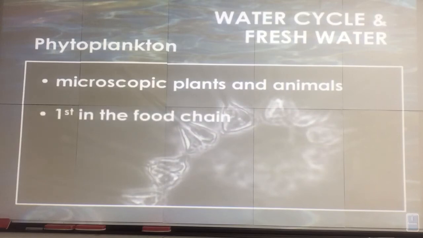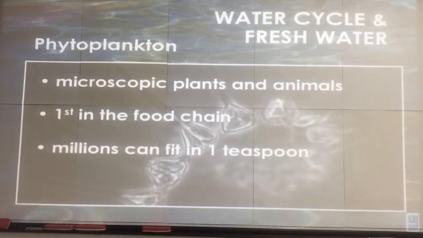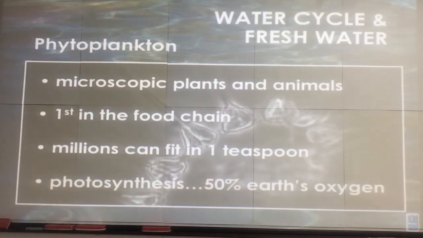They're the first in the food chain in the ocean. And they're so tiny that millions can fit into one teaspoon of ocean water. Now, this is extremely important, especially the phytoplankton that are plants, because they do photosynthesis just like a regular plant would, and it makes up about 50% of the Earth's oxygen. So this is a very, very important resource in our ocean.